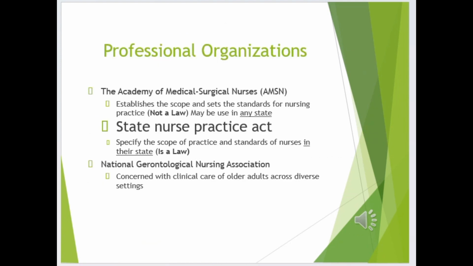All right, so our first slide, professional organizations. Now, 2 of these things on this slide are professional organizations. All right, and that is the Academy of Medical Surgical Nurses and the National Gerontological Nurses Association. All right, these 2 organizations give advice.